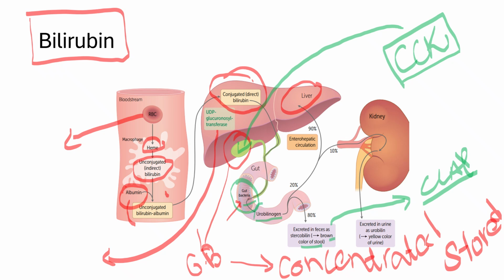Of the remaining 20% of this urobilinogen, 90% is captured by the liver through the enterohepatic circulation, and 10% goes to the kidney and is excreted as urobilin, giving the yellow color of the urine, right?